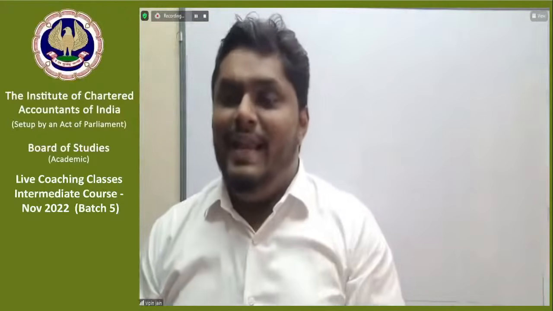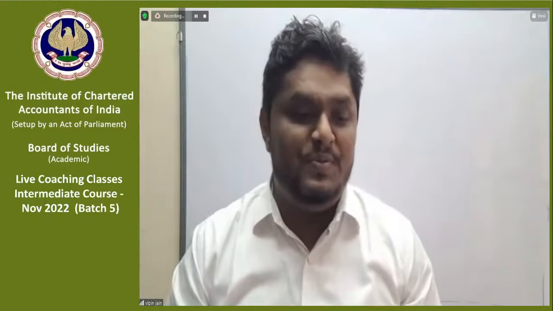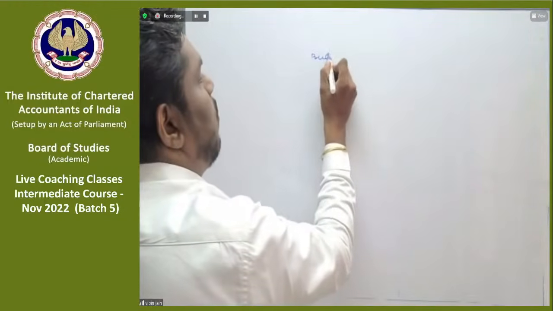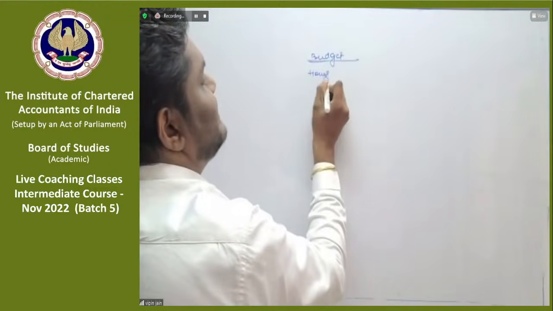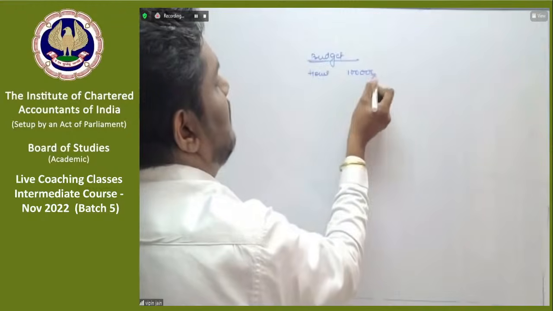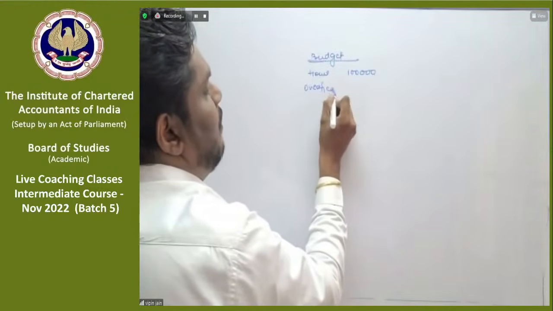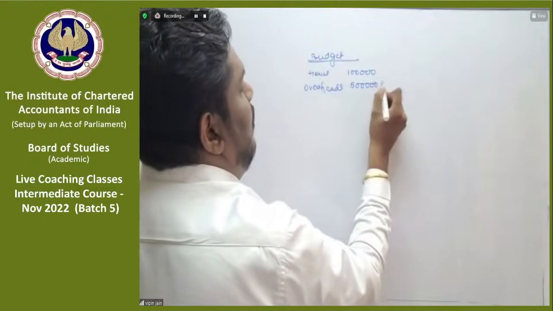Now, guys, let me give you a question to test whether you understood under or over absorption. Let's say my budgeted data is given: hours are 1 lakh, and overheads are 5 lakh rupees.